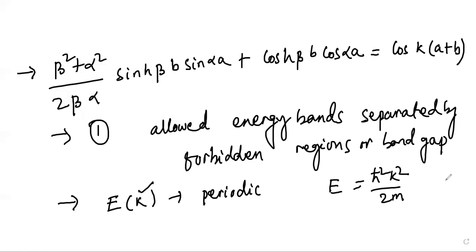From this we got a final equation, which we will study in the next video. There are discrete values of energy, and certain allowed energy bands separated by forbidden regions, or the band gap.